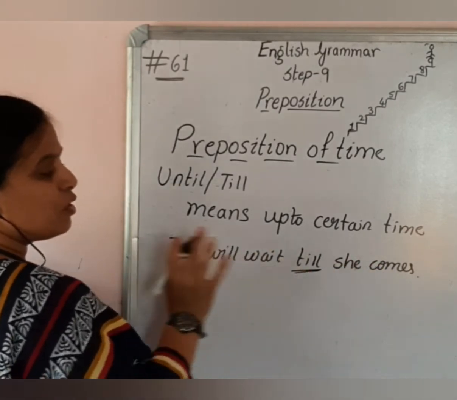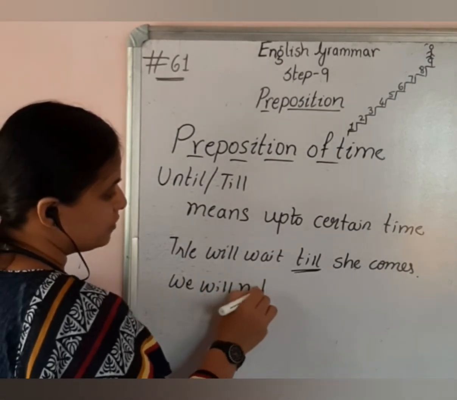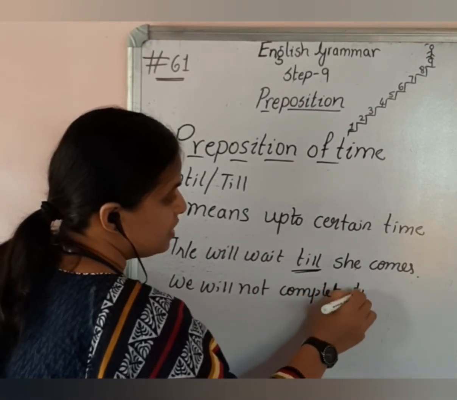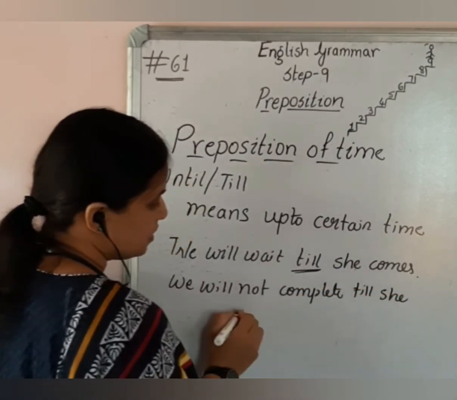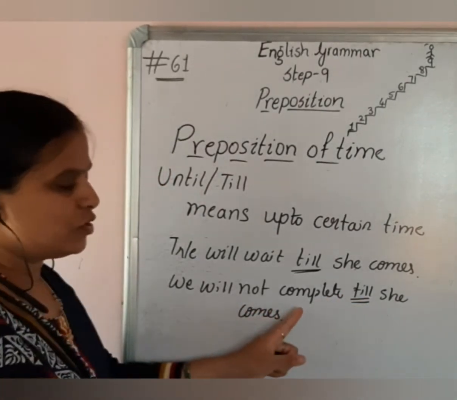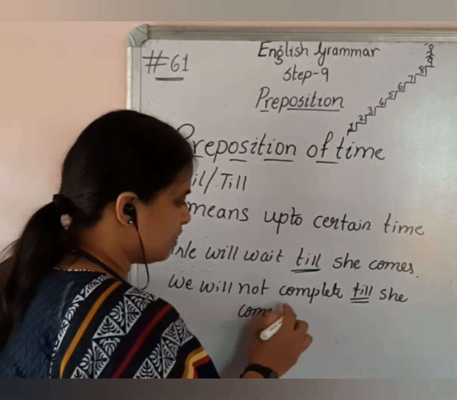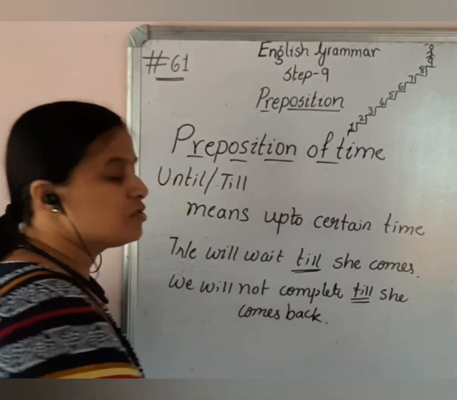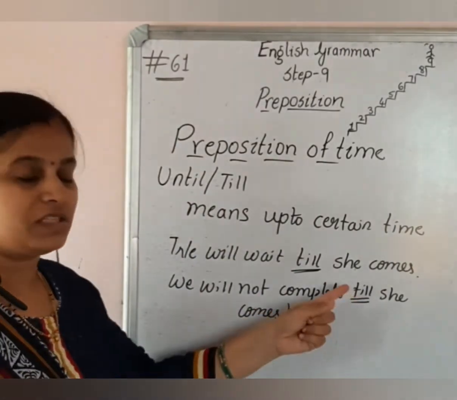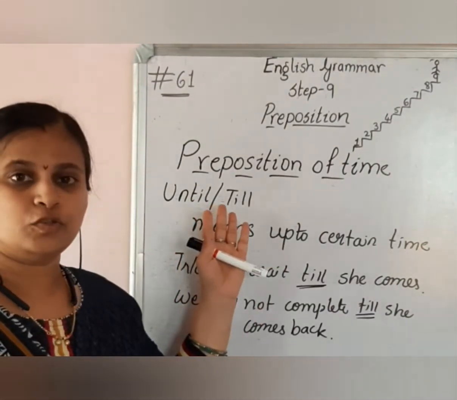So till she comes, we are going to wait. We will not complete till she comes. So the same way, till is used. We are not going to complete the task till she comes back. Fine. So this is how we have to use till or until in the sentence. You can use until in place of till also. Both are one and the same. So I hope now it's clear when to use till or until.